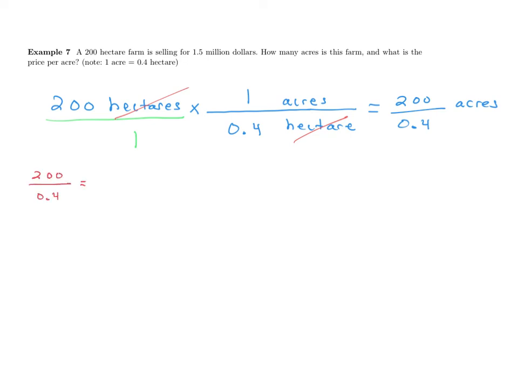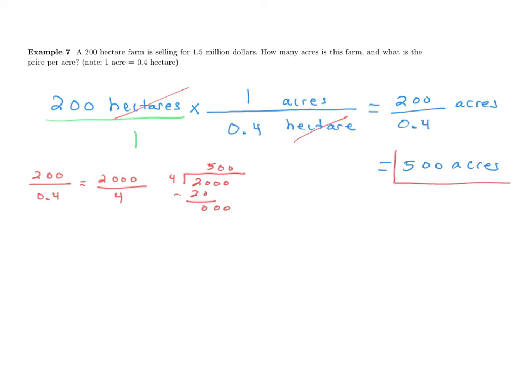If we move the decimal over once for both, this actually turns out to be a pretty easy division problem. How many times does 4 go into 2,000? Well, it goes into 25 times, and then everything else is just going to be a 0 thereafter. That's 500. So the answer here is 200 hectares is the same thing as 500 acres.